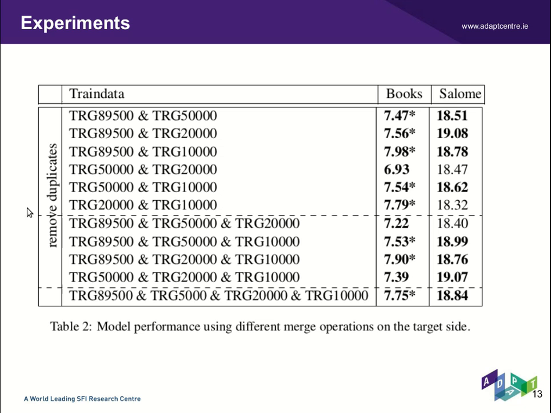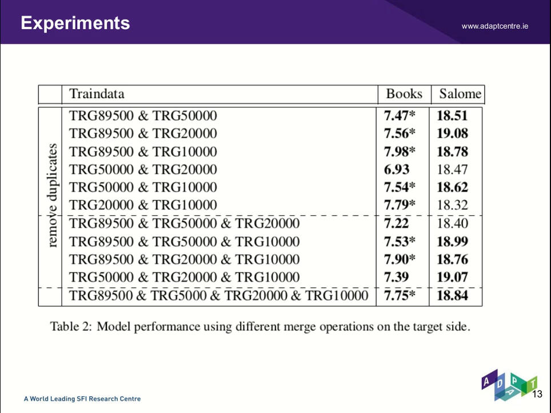We also remove the duplicates: if after applying the BPE two sentence pairs remain the same, we remove one of the instances. And on the right we show the BLEU scores when translating the Books and Salome test sets. We mark in bold those that are higher than the baseline, and if these improvements are statistically significant, we mark them with a star.